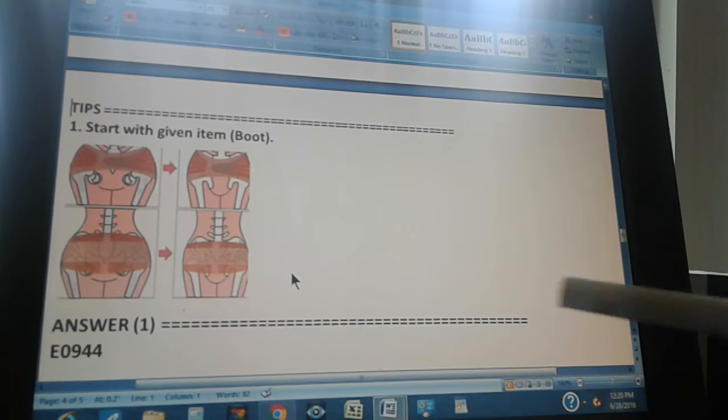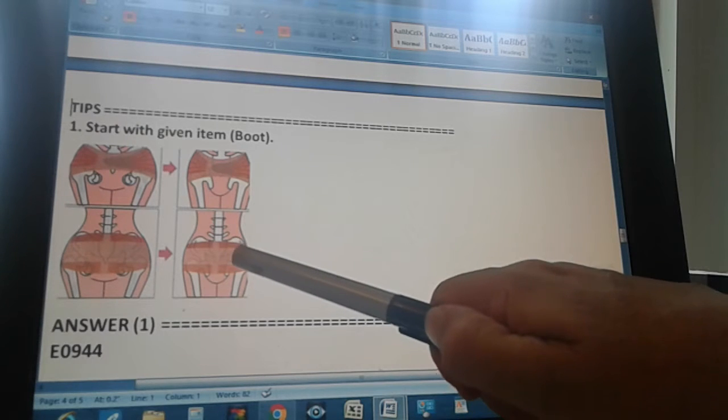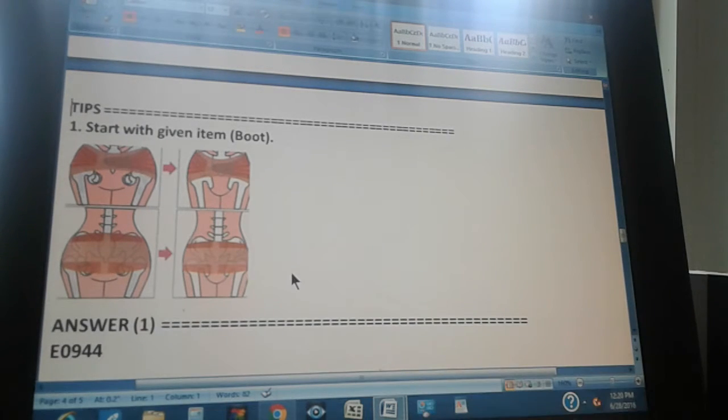For instance, this would be like a belt, and a boot would be from here all the way to the feet, right? So they're similar, okay? In this case, they're asking for a boot, pelvic, so you start with boot in the index. So you already have the tip, and you already have the answer. The answer is E0944, so we're going to count to 3, so you can pause the video and give us the path to the answer.